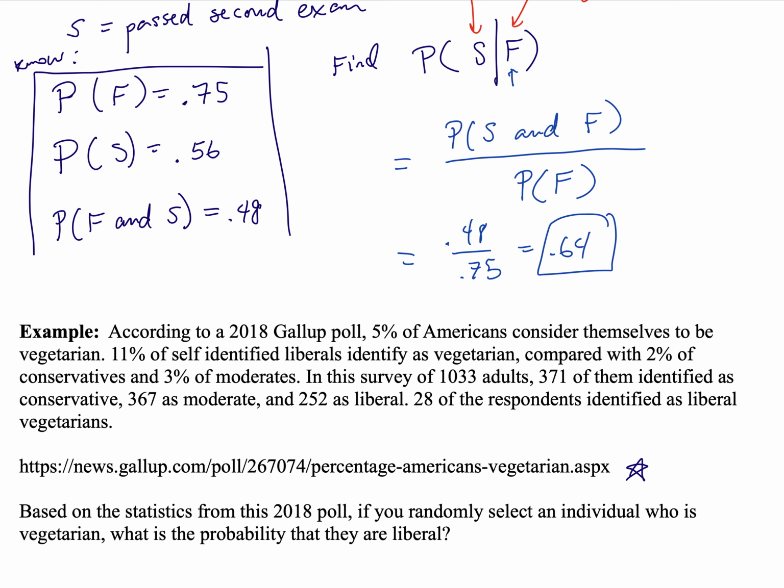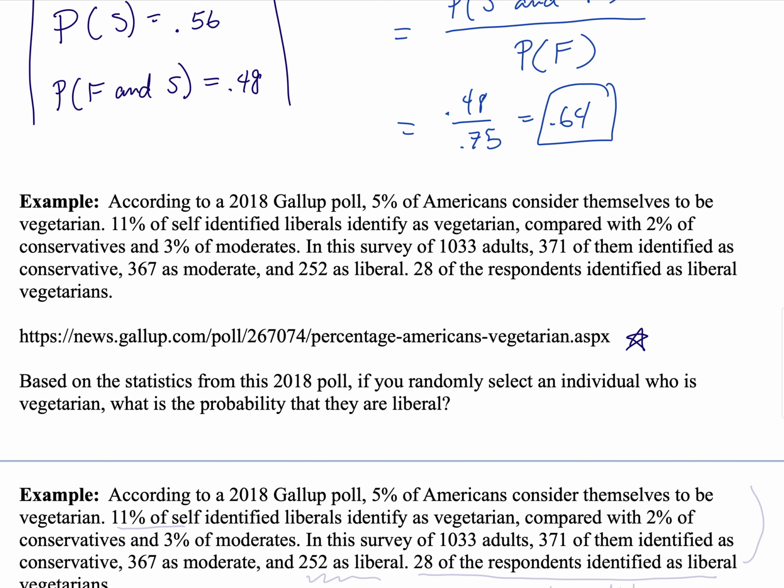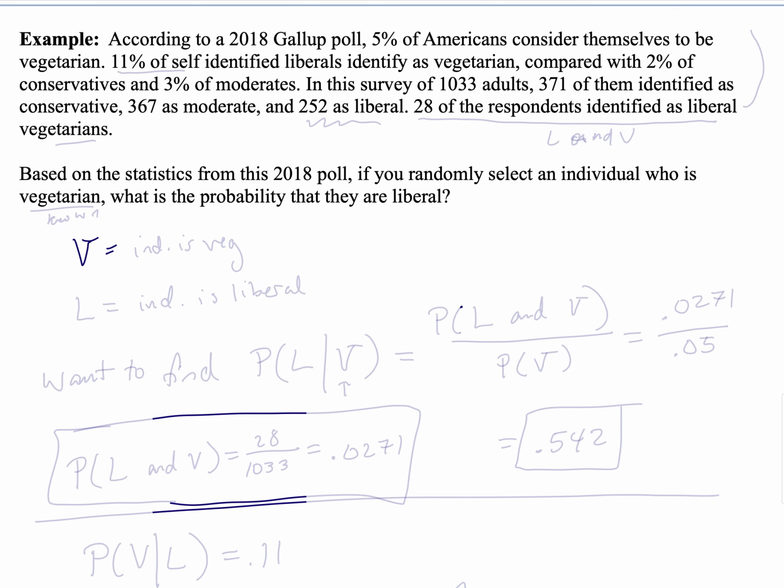Okay, let's start by giving abbreviations for some of these events. Let V again be the event that the randomly selected individual is vegetarian, and L be the event that the individual is liberal or identifies as liberal. So in that case, what are we looking for?